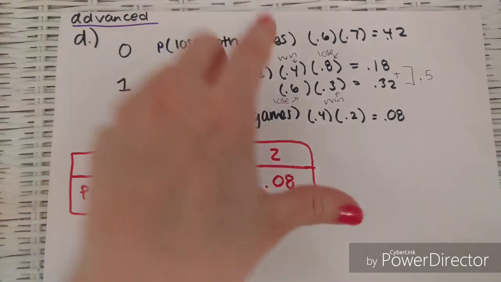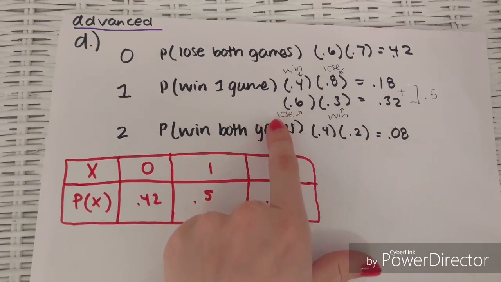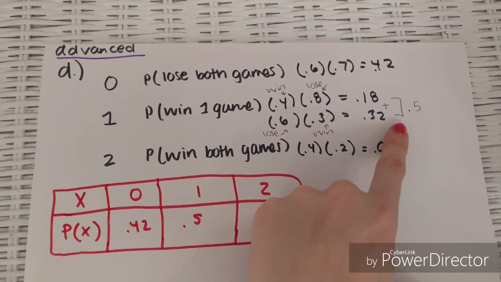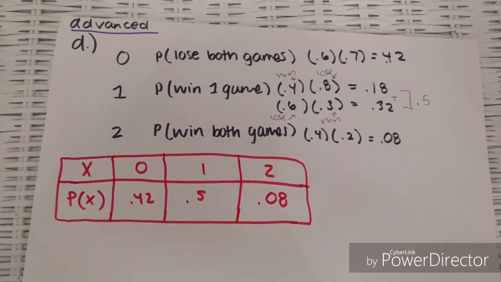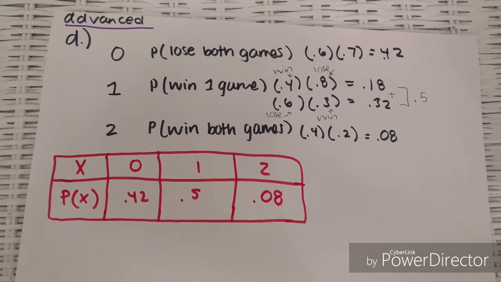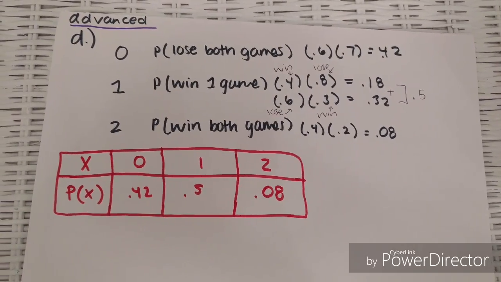So those multiplied give us 0.32, those multiplied give us 0.18, and we add those together to get 0.5. And then the probability you win both games, 0.4 times 0.2, is our 0.08.